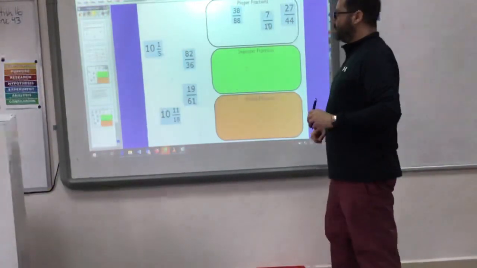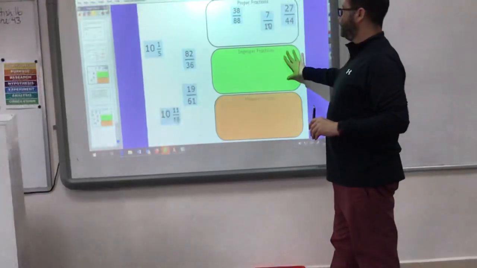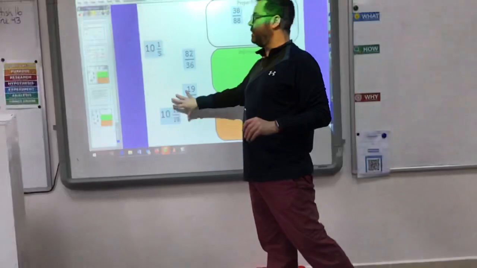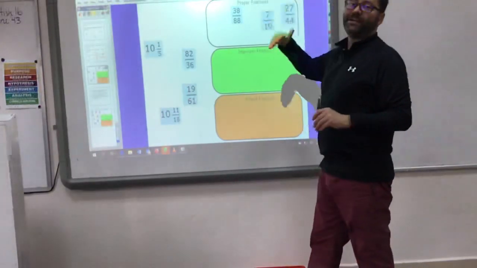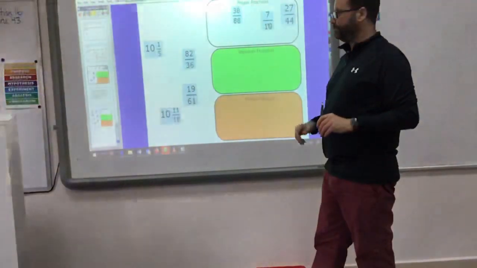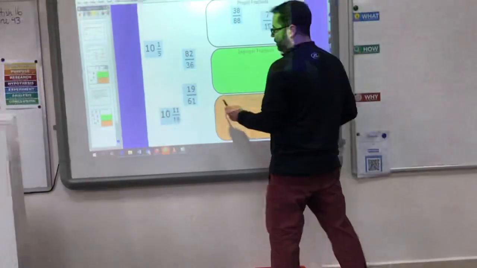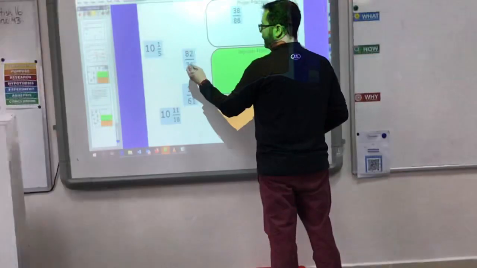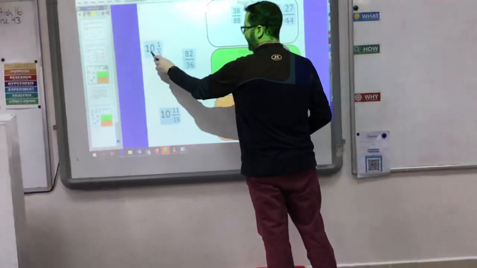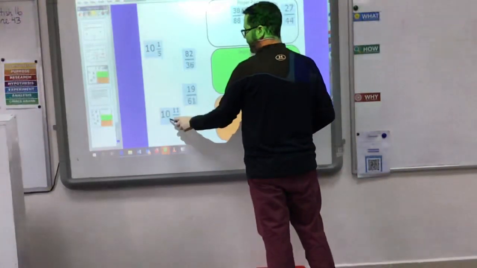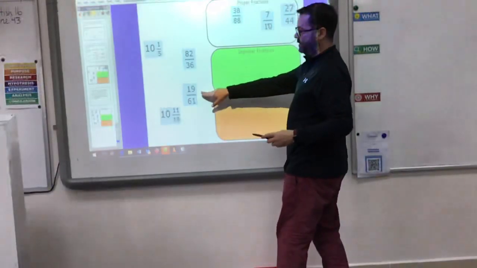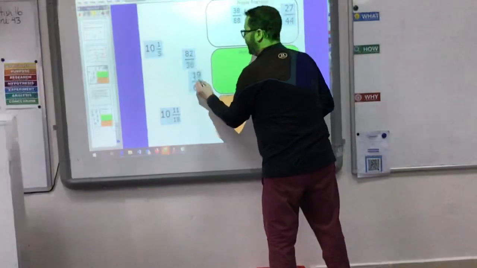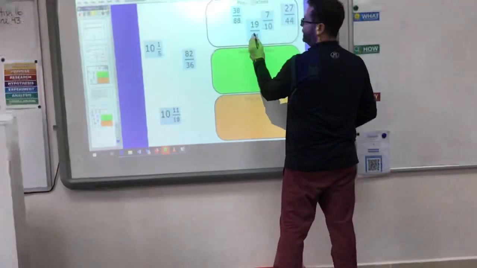So let's go with improper fractions. We know that an improper fraction has a numerator and a denominator, but the numerator is larger than the denominator. Looking at these fractions here, I can see that that can't be it. That's mixed. Wait a minute, here's a sneaky one here. 19/61. That is an actual proper fraction, so that one goes there.